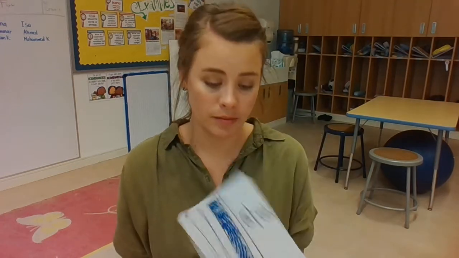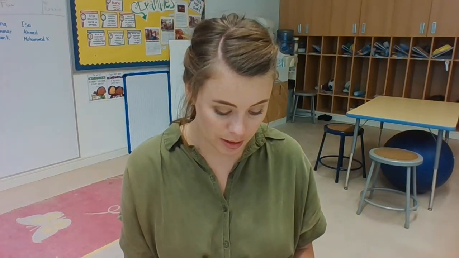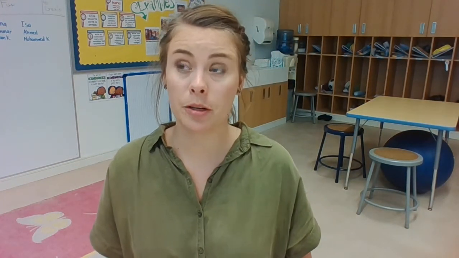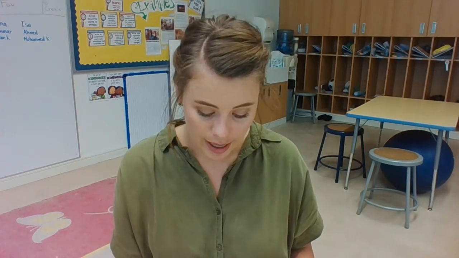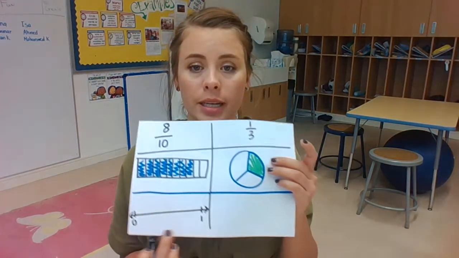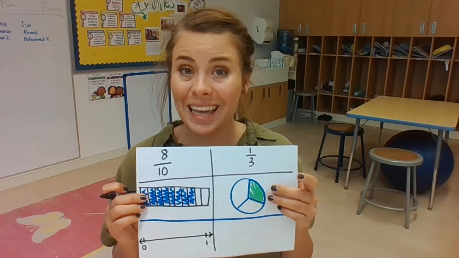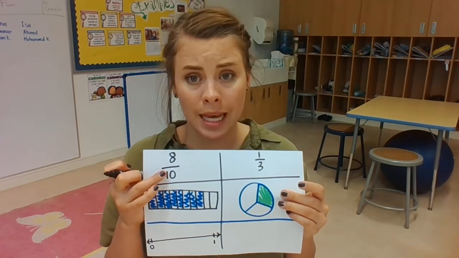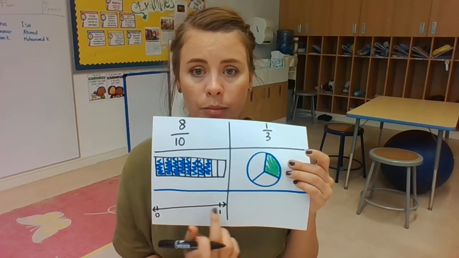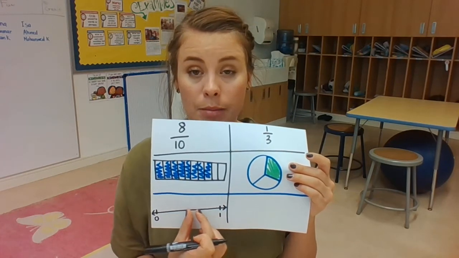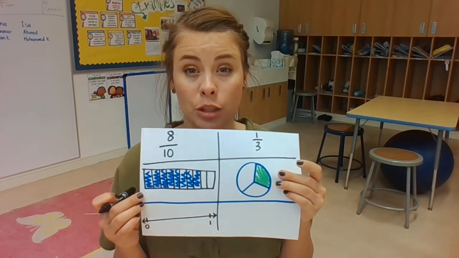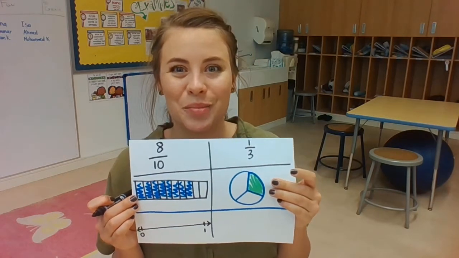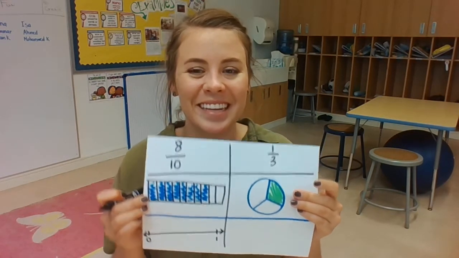And I know that my number line needs to be in 10 equal pieces. Here's my number line. It starts at 0 because I know 8/10 is bigger than 0. And then it ends at 1 because I know 8/10 isn't quite one whole yet, just like we learned. Now, if I have 10 equal pieces, my number line is going to have some pretty small areas in between each one.